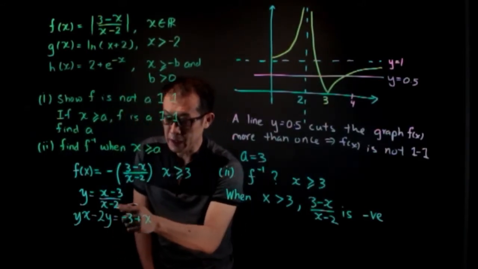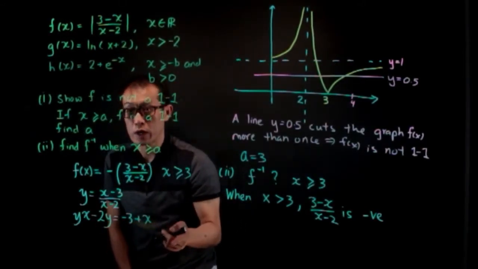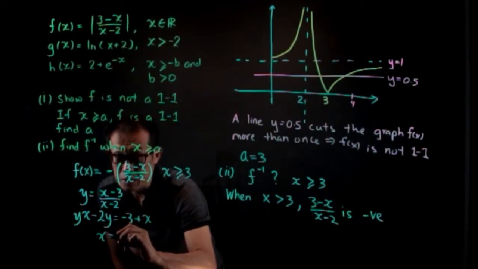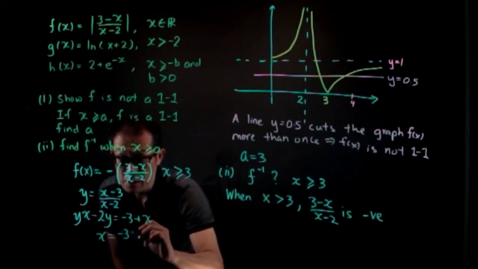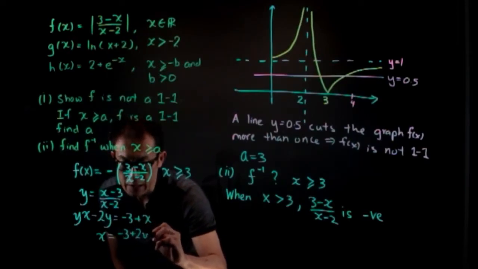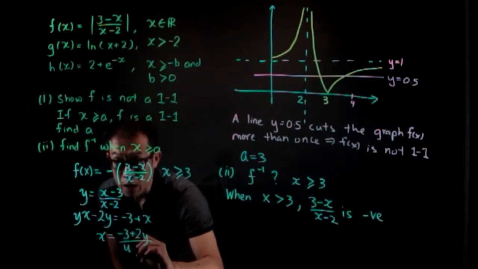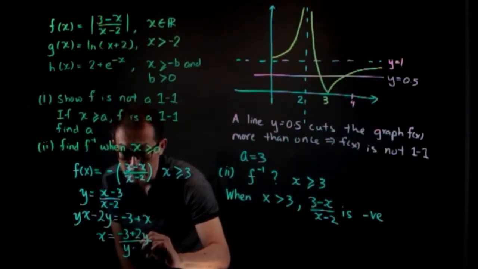If you bring the minus x over and bring the 2y over, you divide, you will find that x will be equal to minus 3 plus 2y over y minus 1.